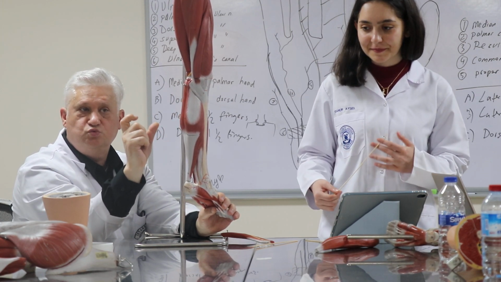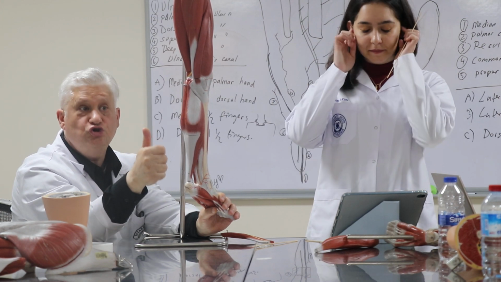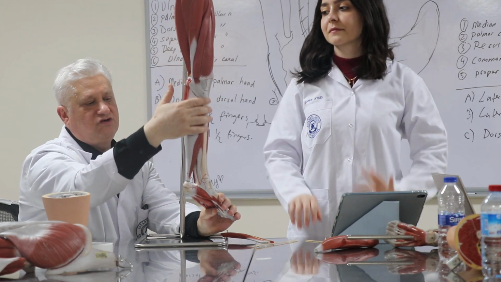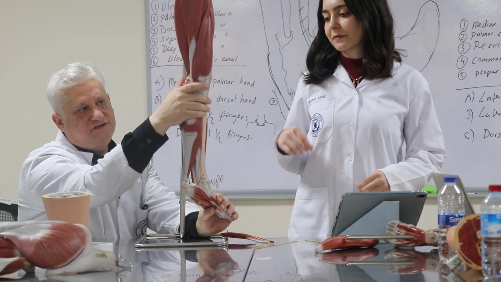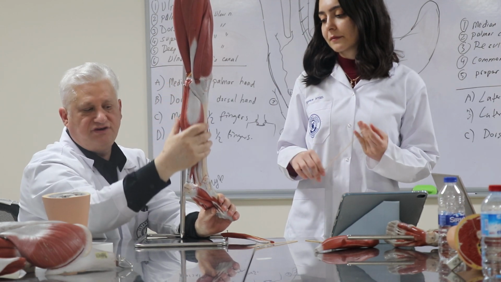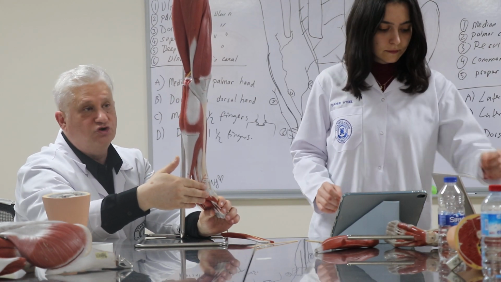Femoral comes from L2, L3, L4, and it gives us the saphenous on the medial side. So the posteromedial and anteromedial area is saphenous, plus the medial part of the foot.